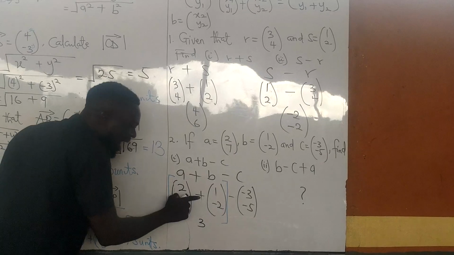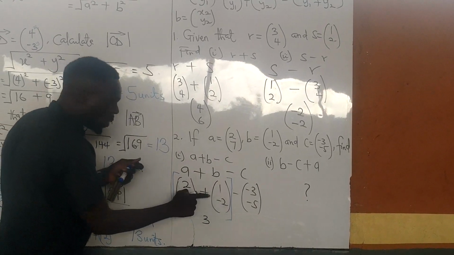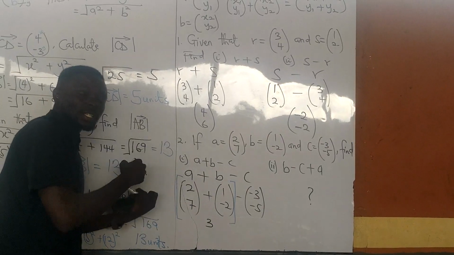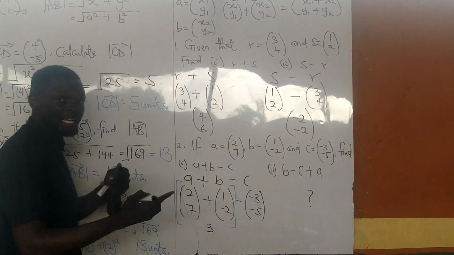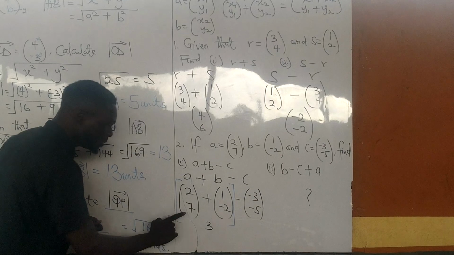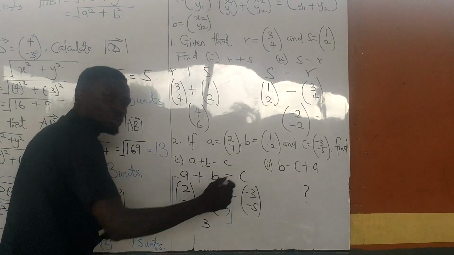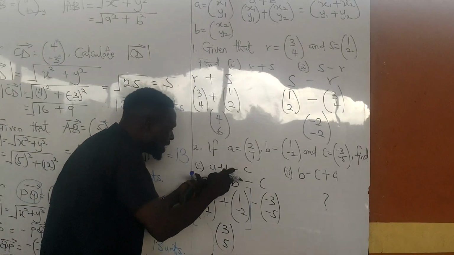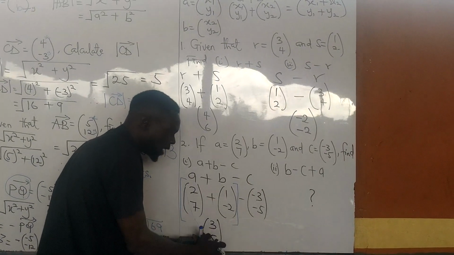Then 7 plus negative 2. When negative meets positive, it becomes negative, so this becomes 7 minus 2, which is 5. So A plus B is (3, 5).